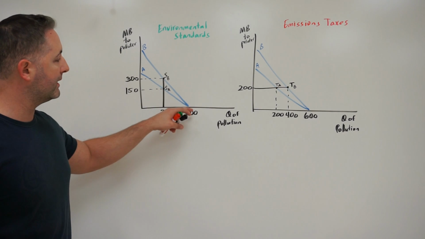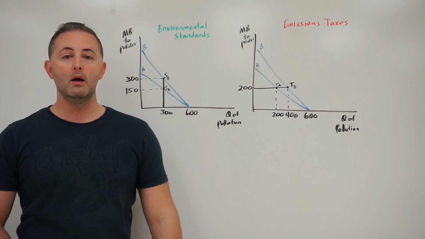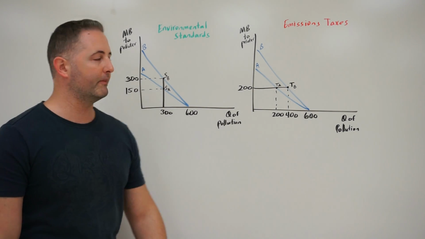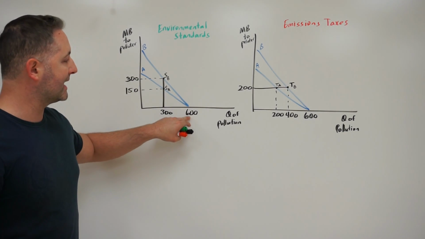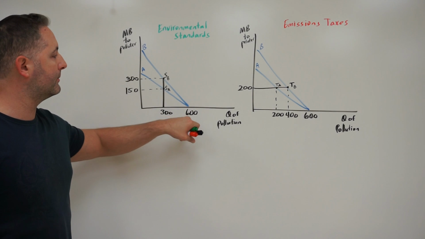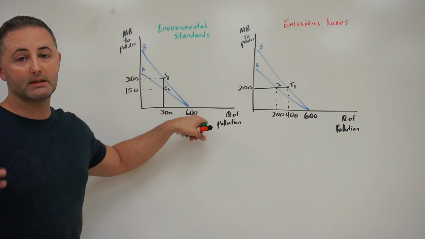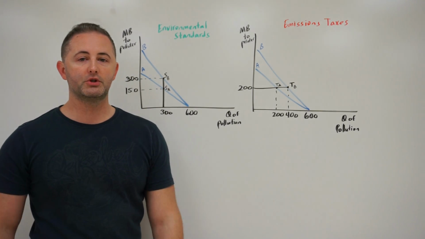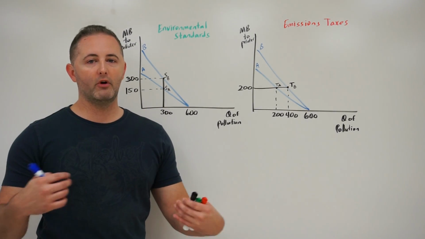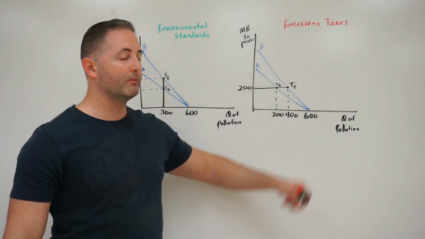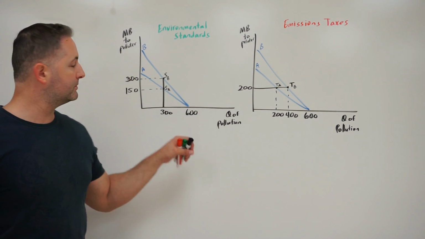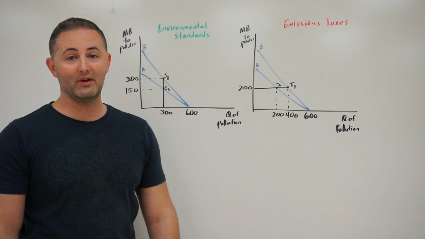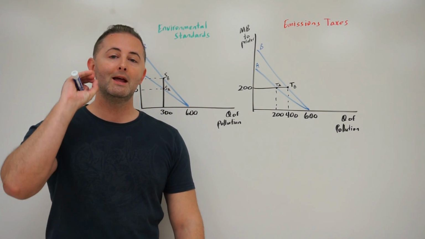Well, they're going to pollute all the way until their marginal benefit is zero, because they are still gaining by producing additional units of pollution. So if this is at 600, that means that B is going to pollute 600 units. A is also going to make 600 units of pollution. So we'll have a total of 1,200 units of pollution, and that's our starting point for both of these. They're each making 600 units because they each pollute until the marginal benefit of that last unit of pollution is zero.